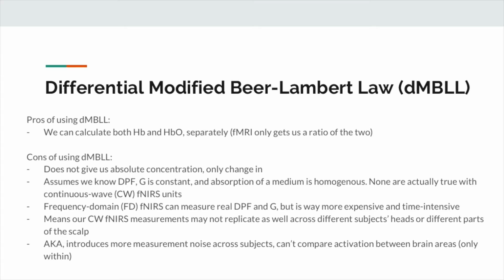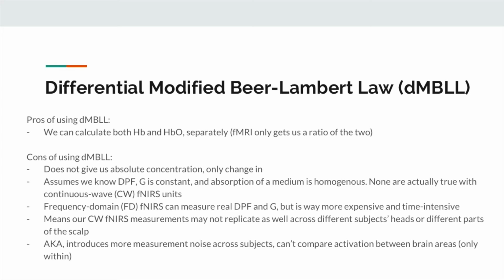And we're using what's called a continuous wave fNIRS system. That is where you're essentially transmitting light continuously and collecting light continuously. When you use a system like this, you can't measure any of those factors absolutely.